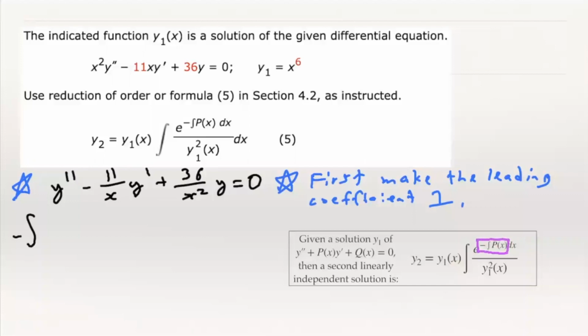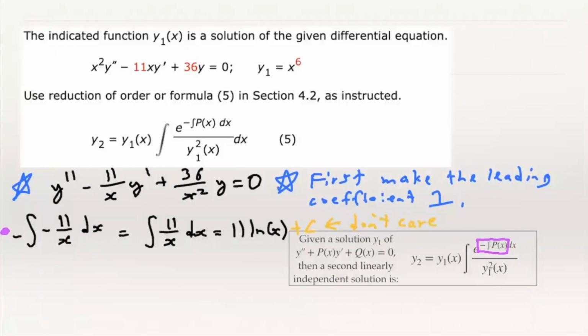So negative integral of p of x, that's negative integral of negative 11 over x dx, is this part here. That is negative, negative is positive. Integral of 11 over x is 11 ln x plus c. And remember, we don't care about that plus c. We can just not write it in the same way as for integrating factors. It'll end up getting absorbed.